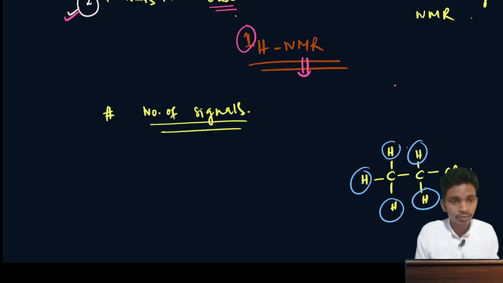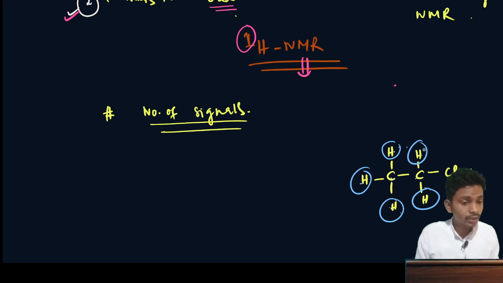Now it will come to our mind that here the three hydrogens are the same, because this carbon is attached to the same hydrogen atoms. So we look that the environment of these is the same. Each is attached to carbon, and this carbon is attached to another carbon.